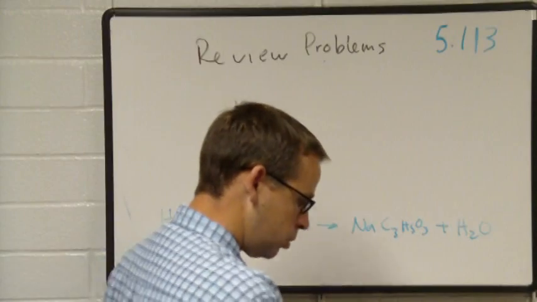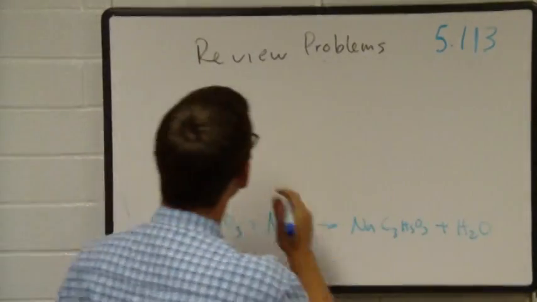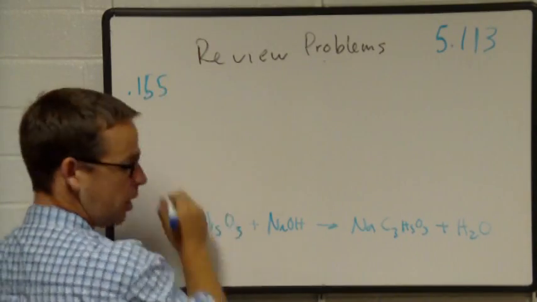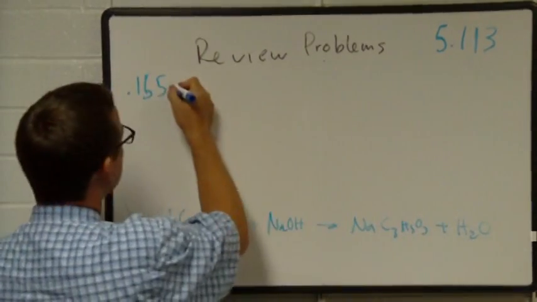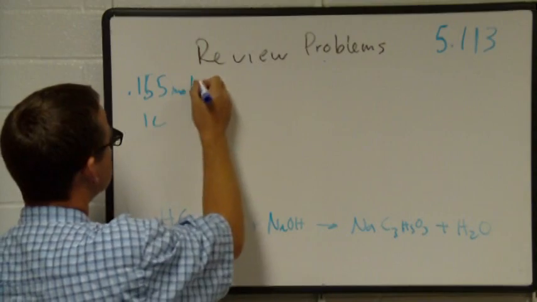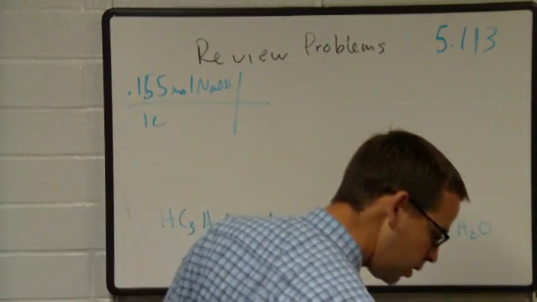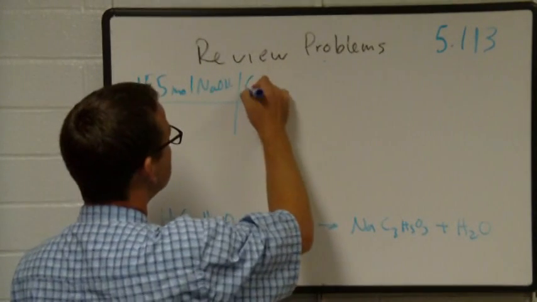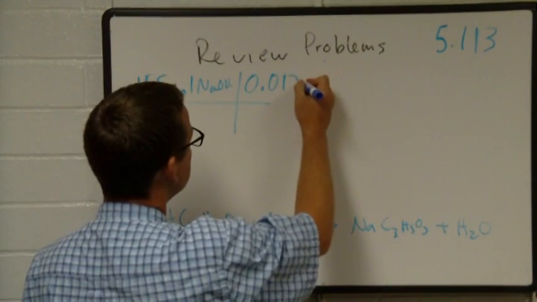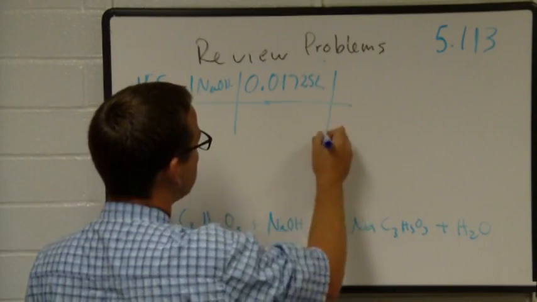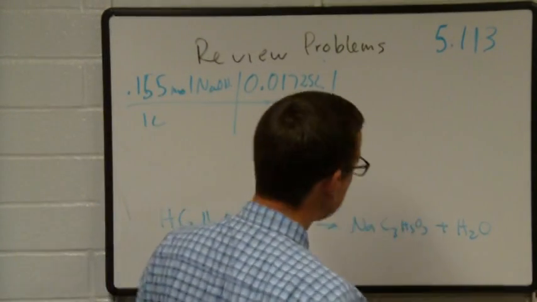Okay, so 0.155 molar, or 0.155 moles for every 1 liter of sodium hydroxide, right? And it required 17.25 milliliters, or 0.01725 liters of our solution. Now we're in moles of sodium hydroxide.